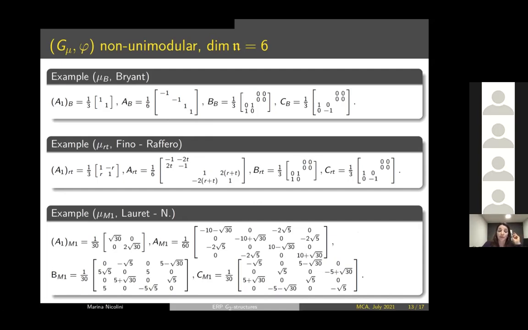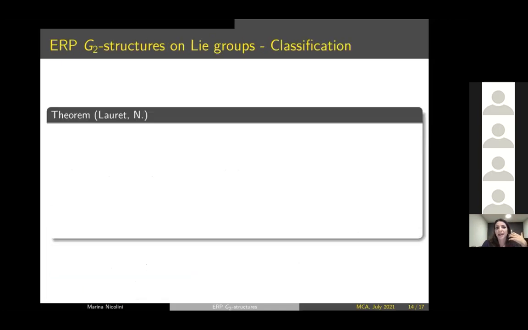And okay, so there were only 2 examples. We find 3 more examples. And in total, we have five non-equivalent examples. And we could prove this classification theorem. The proof of this theorem was separating and treating each of the three cases in separate ways.